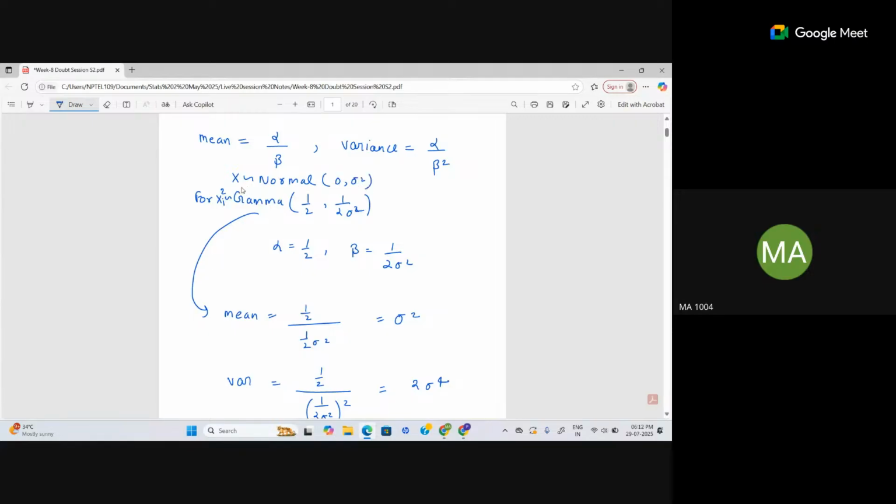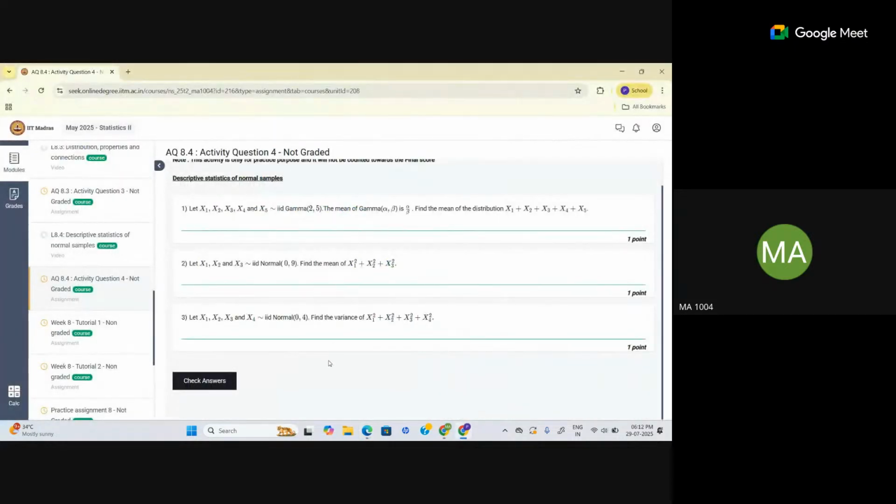In general I can say that if xi is following normal 0 comma sigma square, then xi square will follow this distribution. Now these all are IID. So the variance of x1 square plus x2 square plus x3 square plus x4 square.